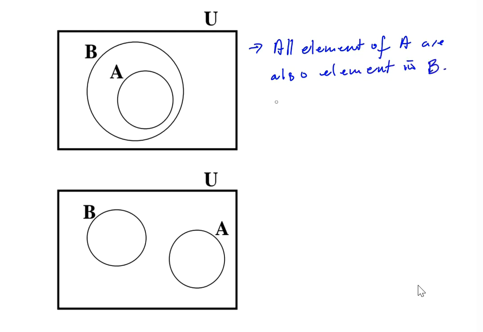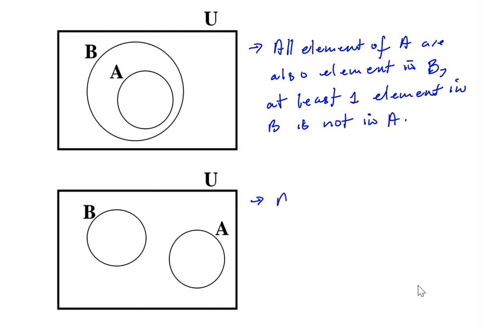And at least one element in B is not in A. Arrangement 3. This is when A and B are disjoint sets. So here, A intersect B is equal to the null set.